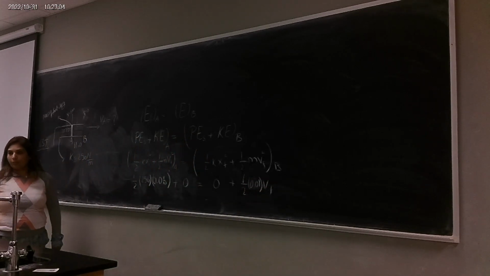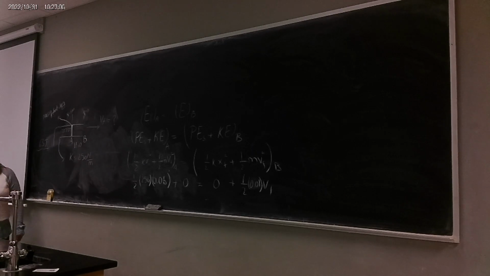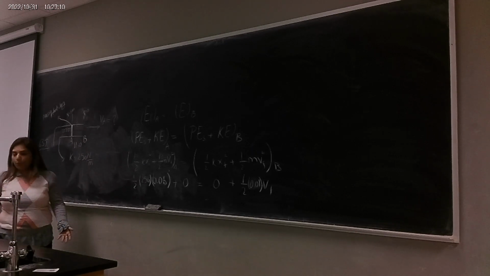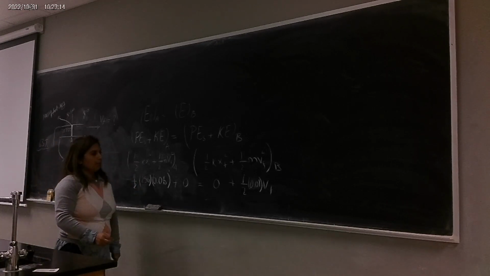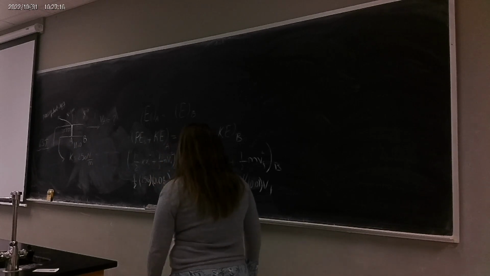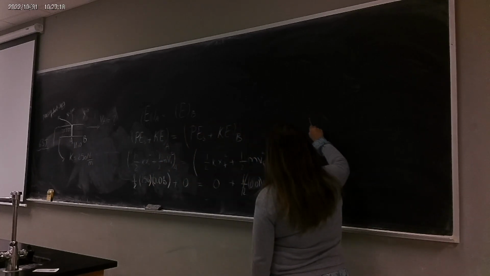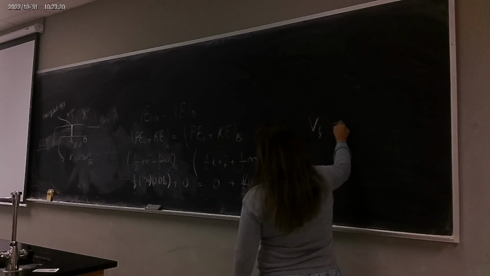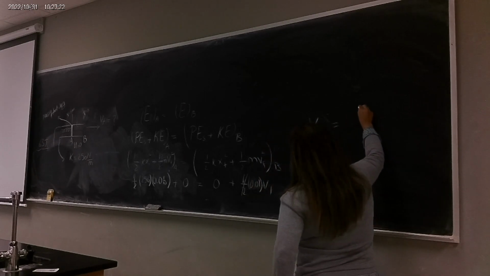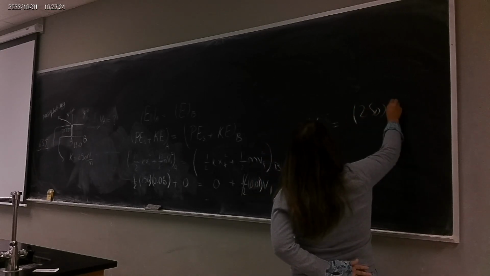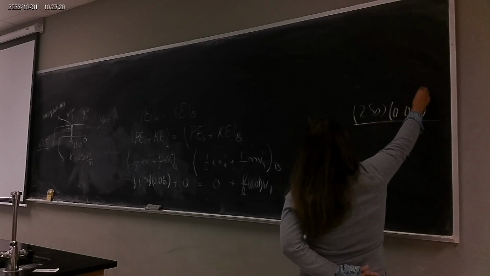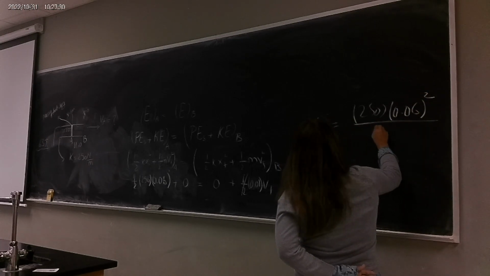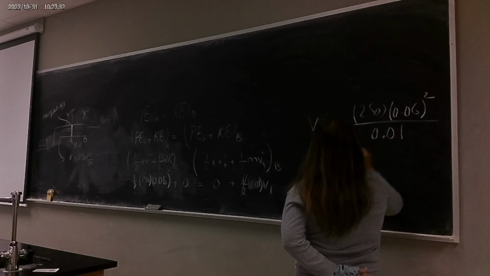Rest you can solve probably. You have to solve for VF. So half would go away on both sides because it's the same constant on both sides. So basically VF squared should be equal to 250 times 0.06 squared divided by 0.01.